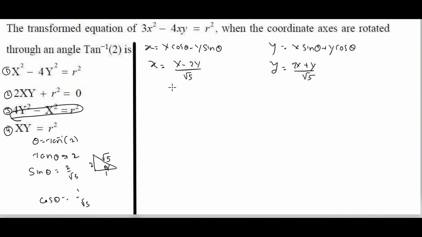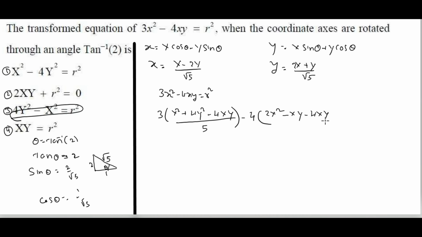Substituting these two in the given relation, that is 3x square minus 4xy is equal to r square. 3 into x square, that is (capital X minus 2 capital Y) whole square by 5, minus 4 into xy, multiplying these two, that is (capital X minus 2 capital Y) into (2 capital X plus capital Y) by root 5 into root 5, that is 5, is equal to r square.